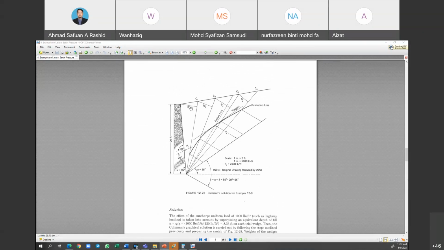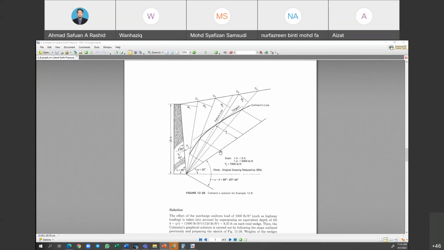For each W1, for example, you draw on the same scale with this line, and make sure that the line is parallel with this last line, the line at the bottom of the retaining wall. Then make sure that this line at this point is connected with the C1 for the first W1.